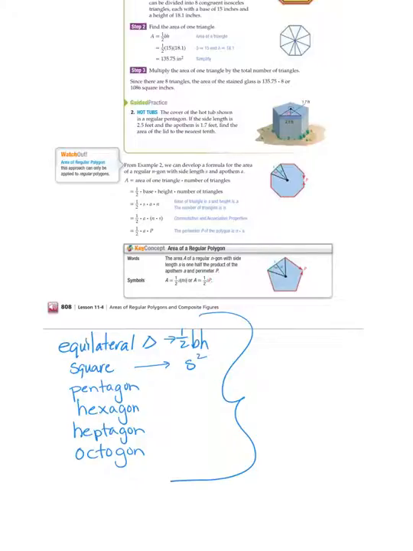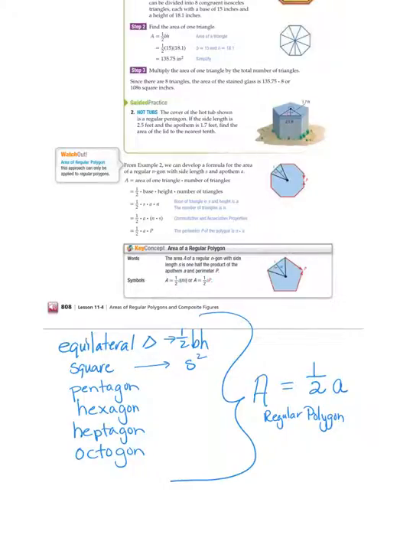And that formula, the area of a regular polygon, that means all the sides have to be the same, equals 1/2 the length of the apothem.